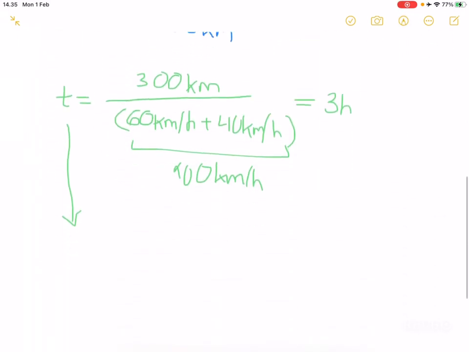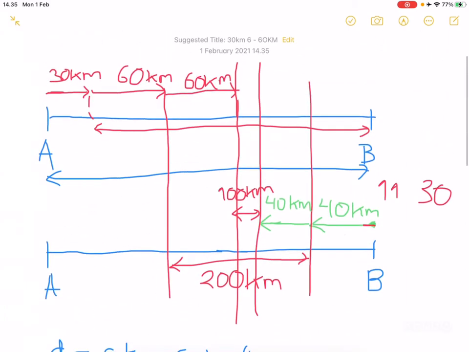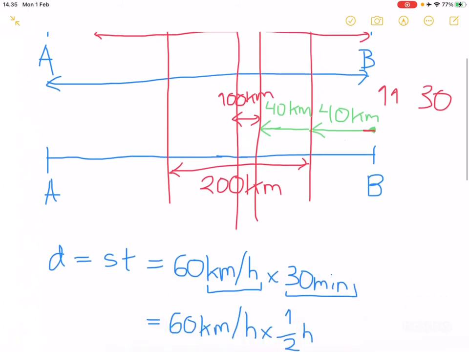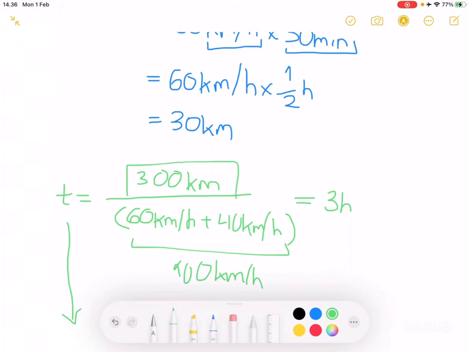So yeah, and notice this 300 kilometers is the distance between the car and the truck at 9:30, which is the point where both vehicles start to move, or start in motion.